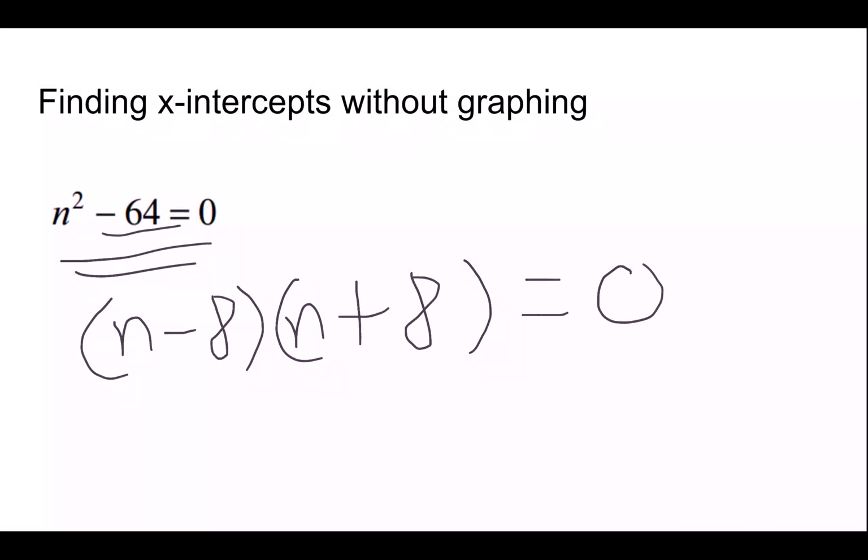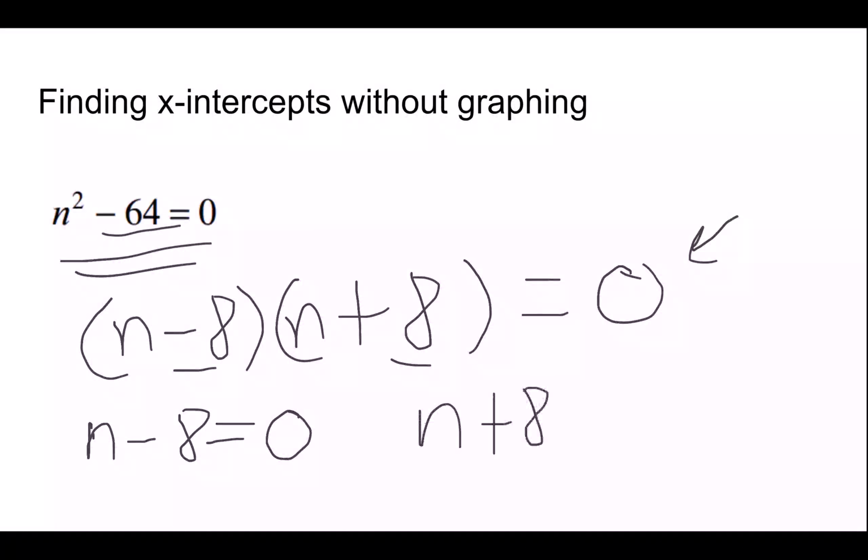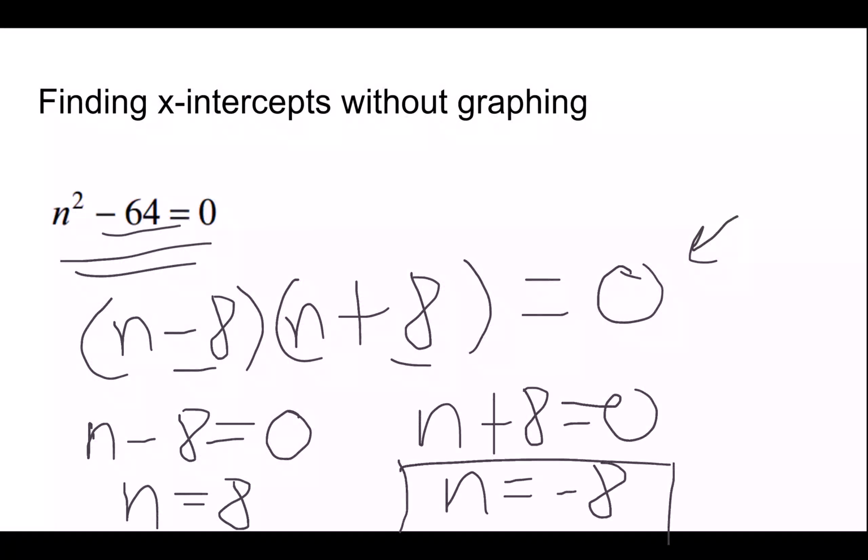So n squared, yep. +8, -8, things will cancel in the middle. -64, so we're all good. When you multiply these two things together, you want them to equal 0. So either one or both. So again, we just set them both to 0. So this would be n equals 8, and this would be n equals -8. And those would be my two answers.